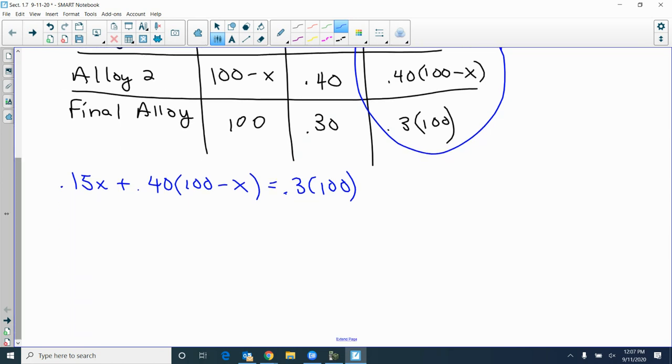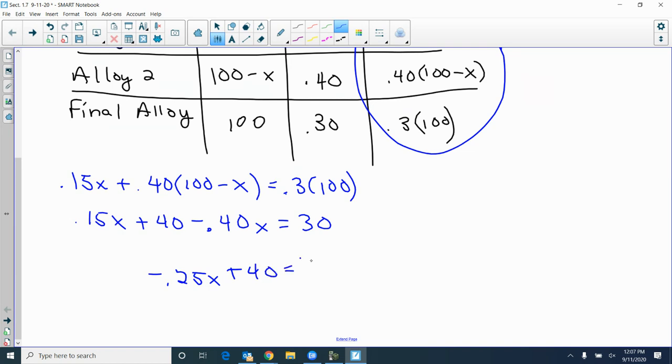Now, let me just go through it. That's going to be plus 40 minus 0.40X equals 30. 0.15 minus 0.4 is negative 0.25X, plus 40 equals 30.